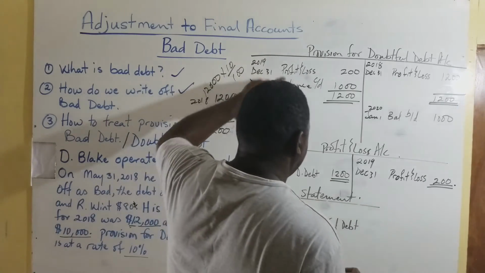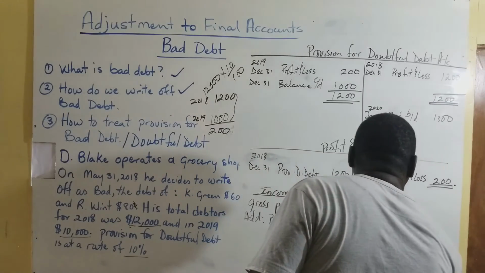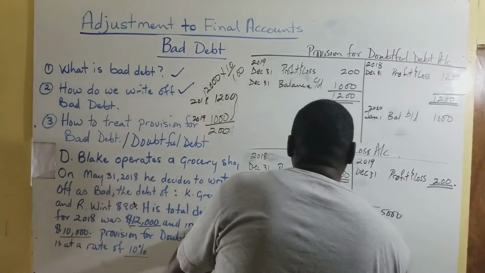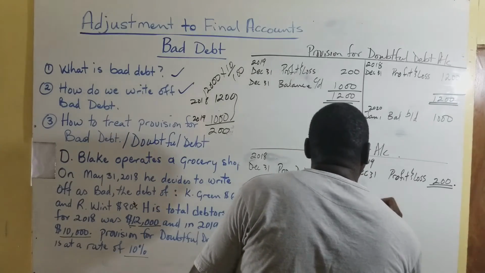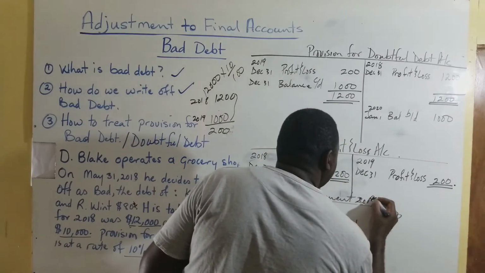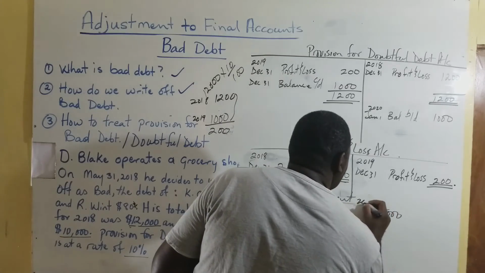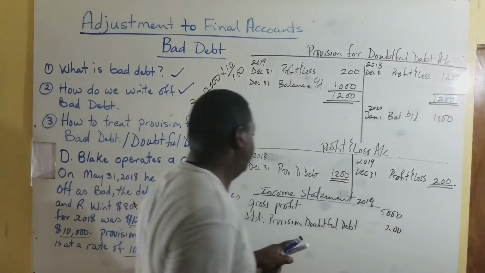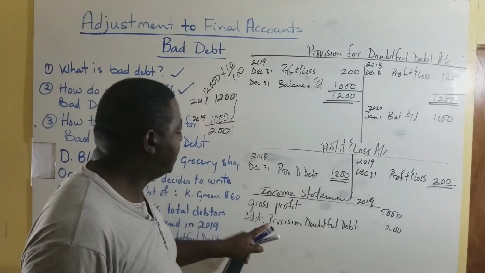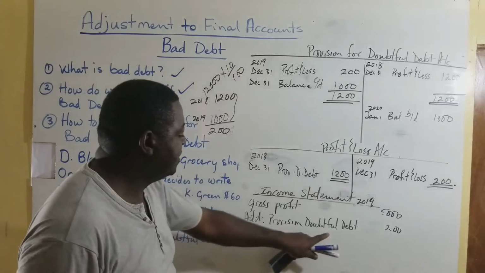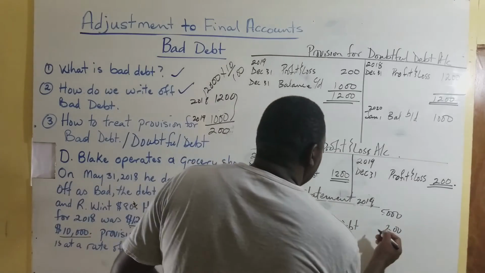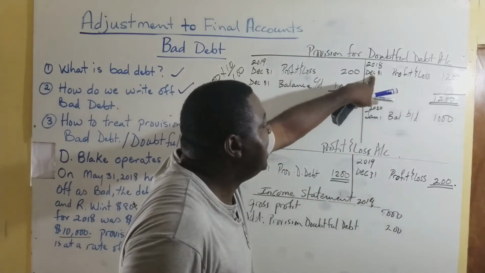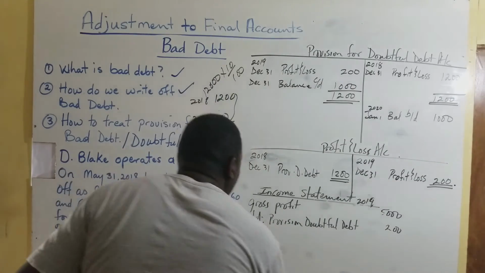So in this case, let us say the gross profit was 5,000 and this is for the year 2019. Then it will be 200 right here. So in the income statement, we'll add the provision for the decrease amount to the gross profit.